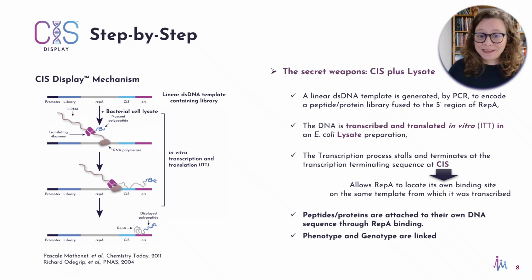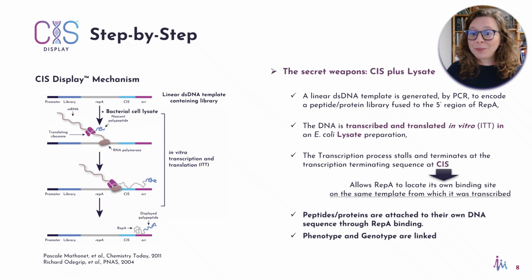What this means is that the proteins that you are displaying are specifically linked to their own DNA, so phenotype and genotype are linked, which is what you need in a good display technology. This has been demonstrated experimentally with peptides, so we have papers on that.